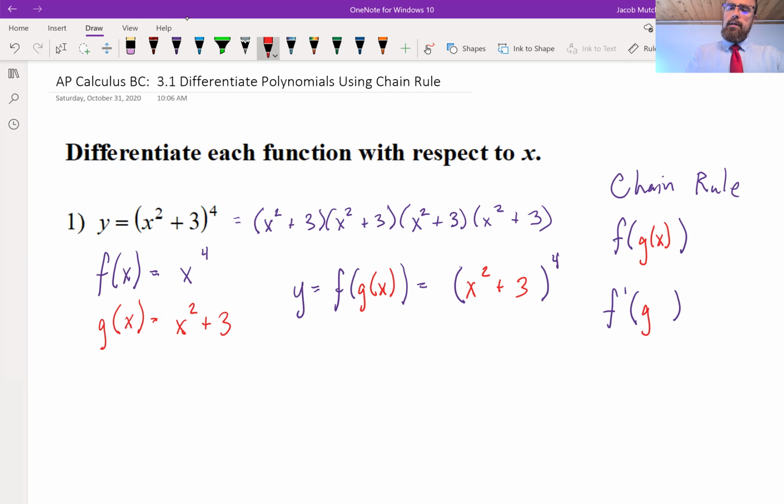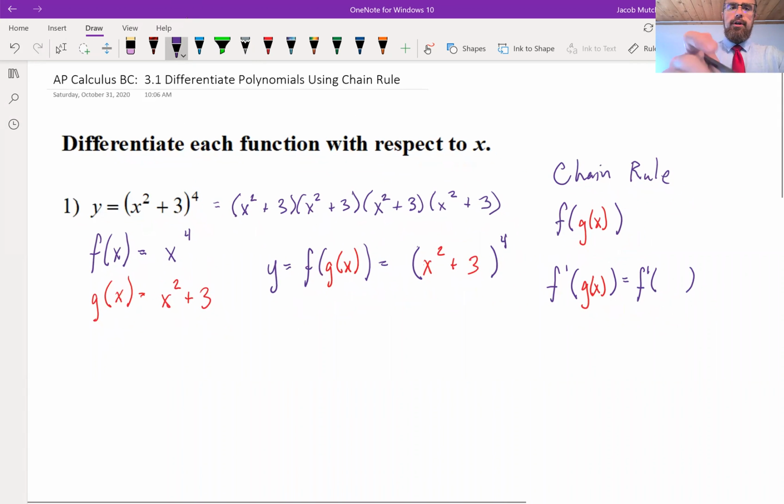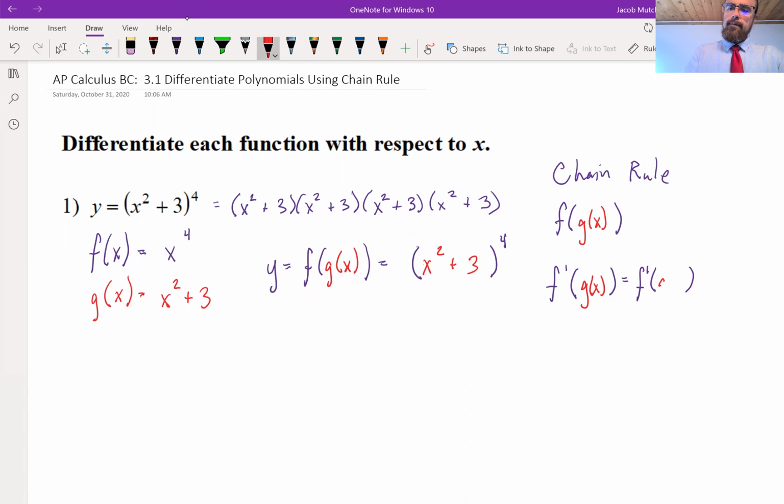This is how we'll apply the chain rule. It equals the derivative of f with g of x unchanged. We take the derivative without changing the inside, the g of x, at all, and then we multiply times the derivative of g of x.